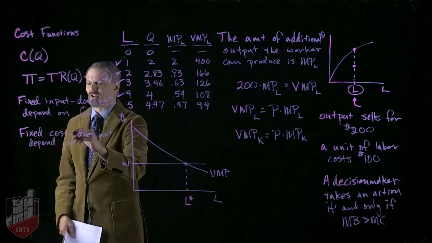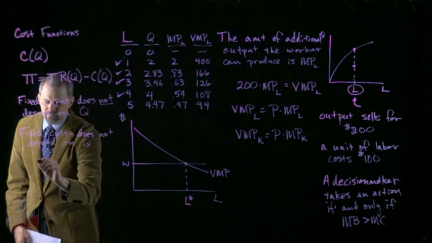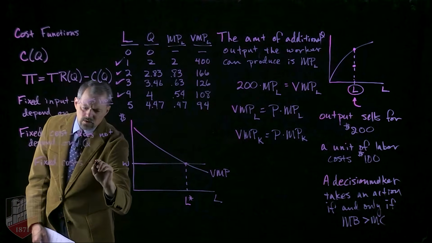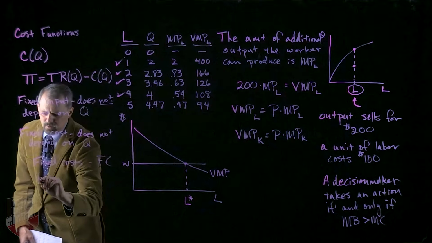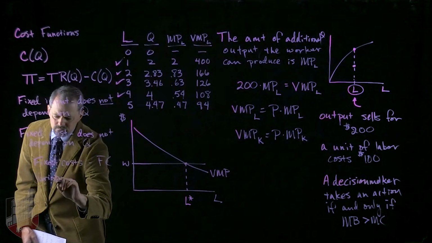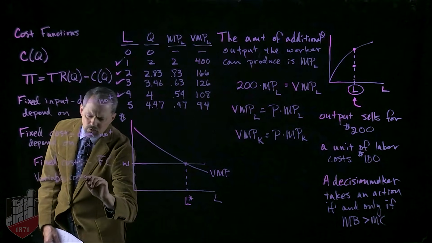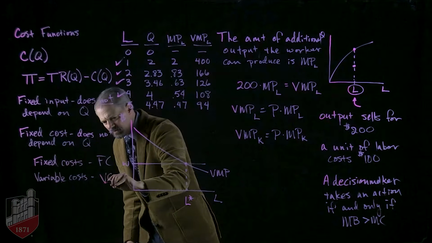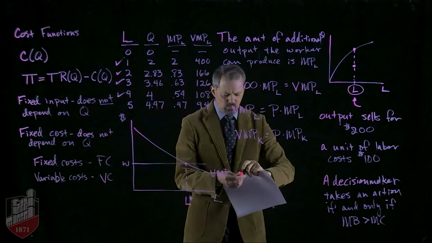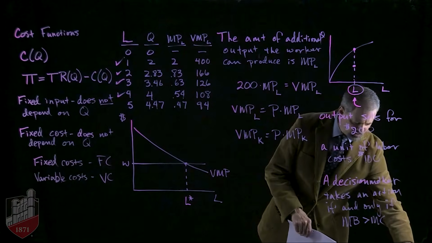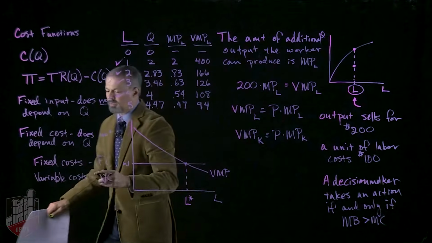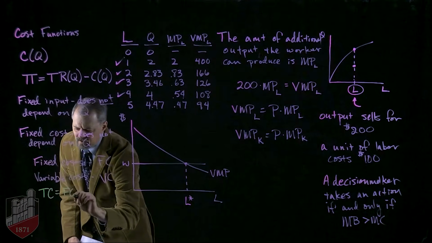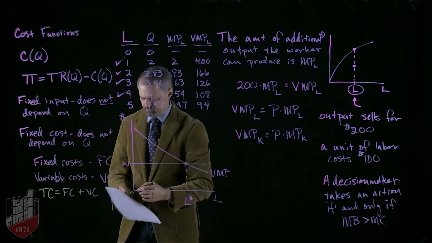We're going to abbreviate fixed costs FC, and variable costs VC. And we're also going to be interested in something that we're going to call total cost, right? And total cost, as you can probably already guess, is going to be fixed cost plus variable cost.